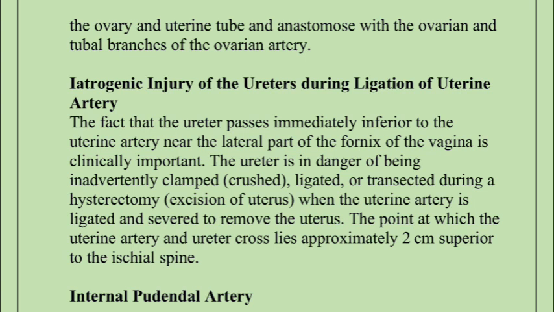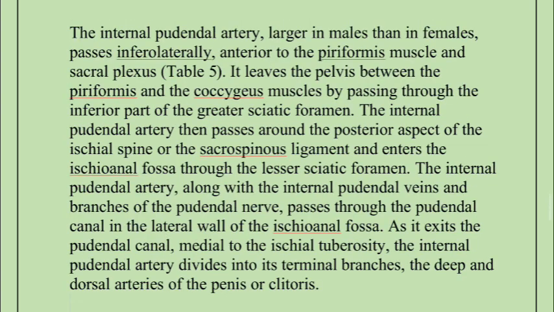Now, let me talk about the internal pudendal artery. The internal pudendal artery is larger in males than in females. It passes inferolaterally, anterior to the piriformis muscle and also anterior to the sacral plexus.